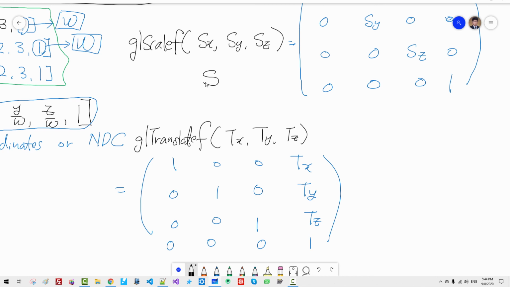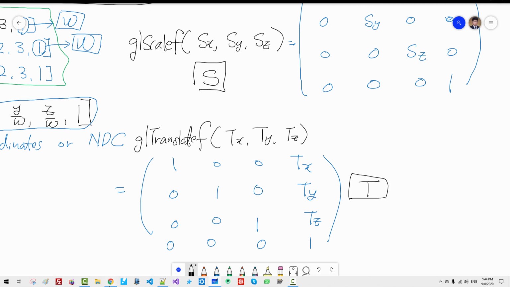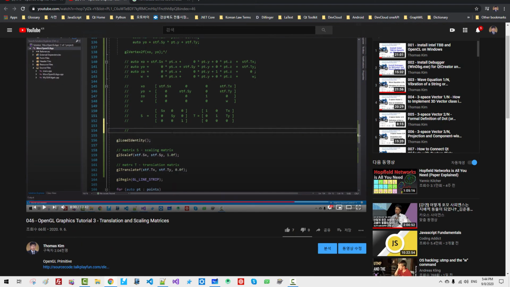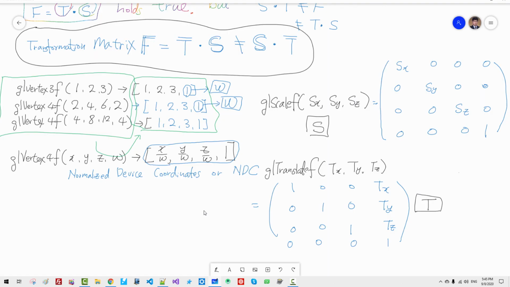This is the scaling matrix S. This is the translation matrix T. I highly recommend you watch my previous episode 46, OpenGL Graphics Tutorial 3, and double check what we learned in this episode.